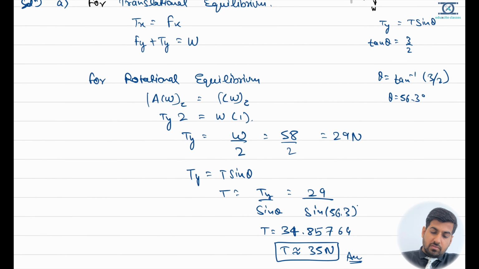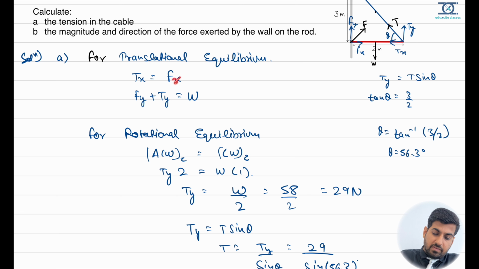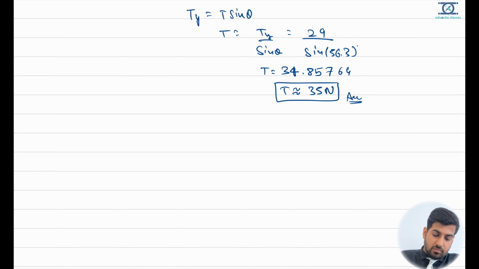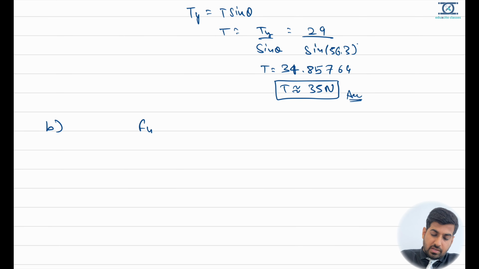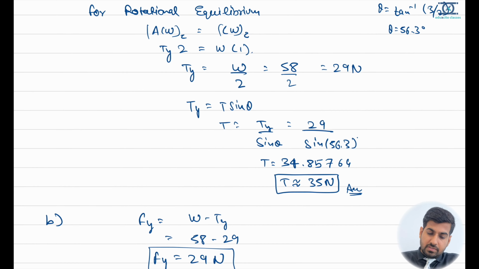Fx is equal to Tx, and for B, Fy is W minus Ty. So W is 58 minus Ty, which was 29, so this will also be 29 Newton. So we got Fy.